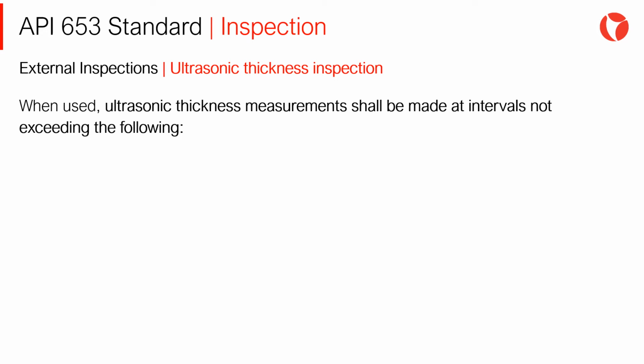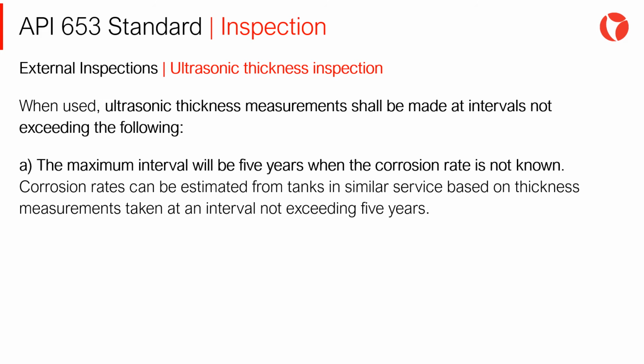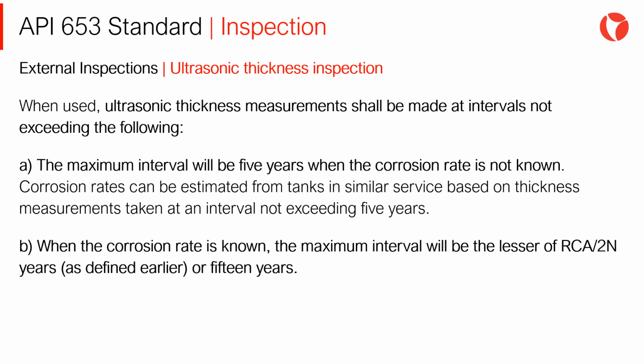When used, ultrasonic thickness measurements shall be made at intervals not exceeding the following. A. The maximum interval will be 5 years when the corrosion rate is not known. And B. When the corrosion rate is known, the maximum interval will be the lesser of RCA divided by 2N in years, as defined earlier, or 15 years.